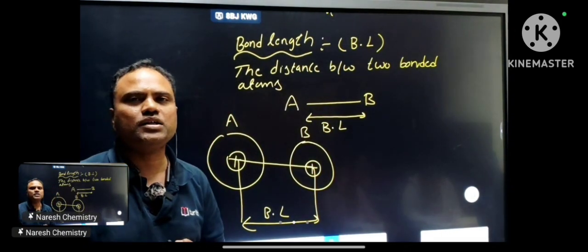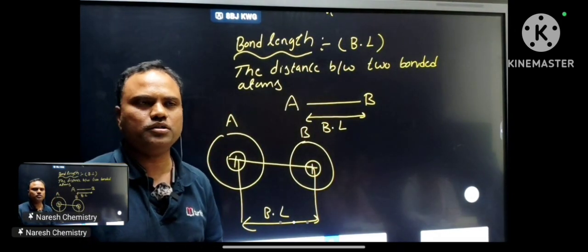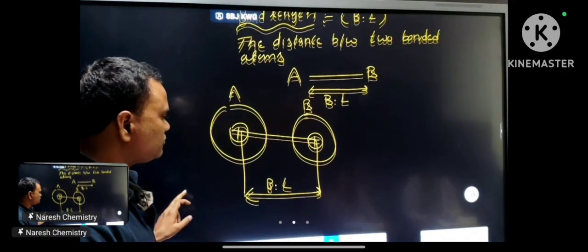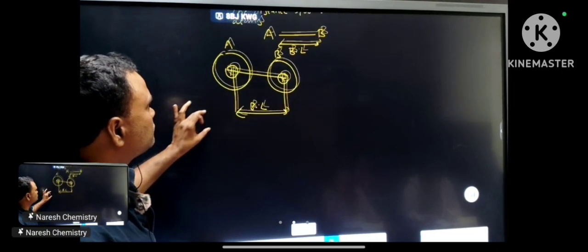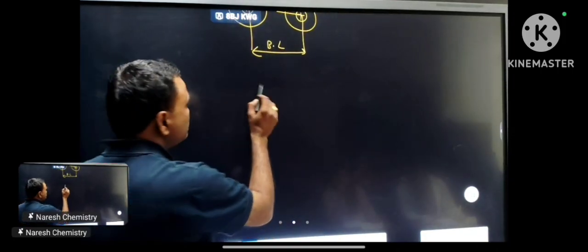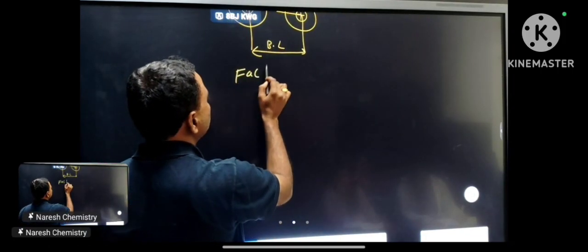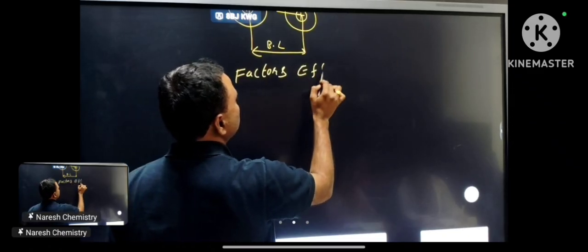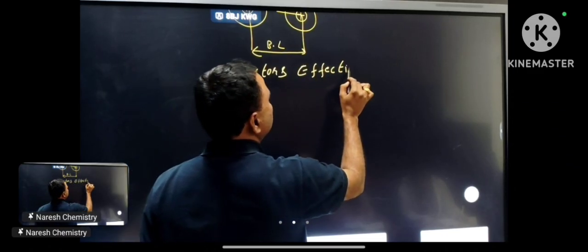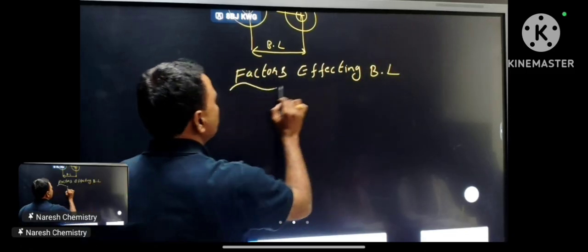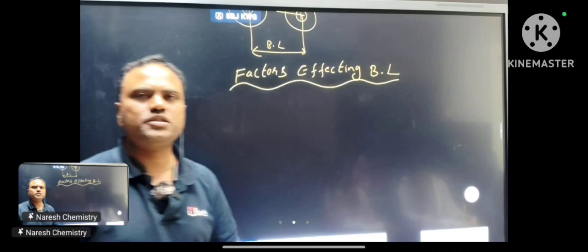What are the factors which affect the bond length? Factors affecting bond length.